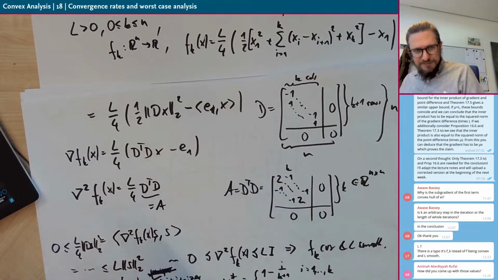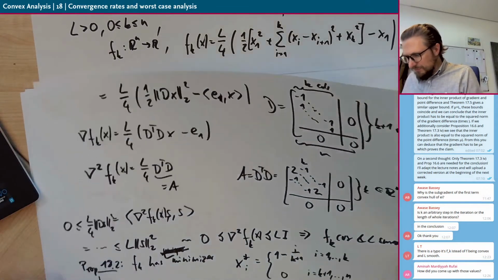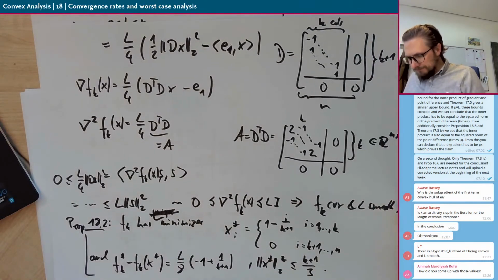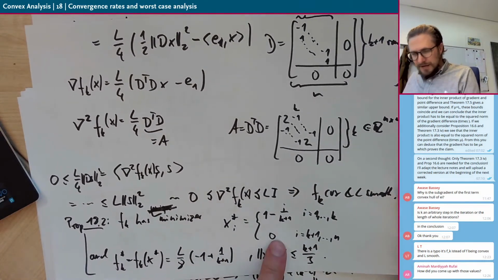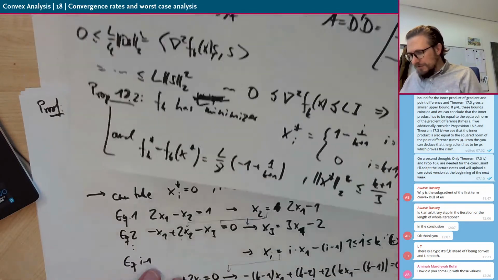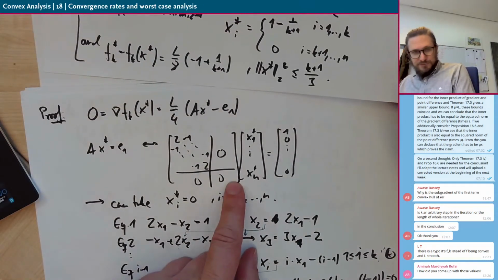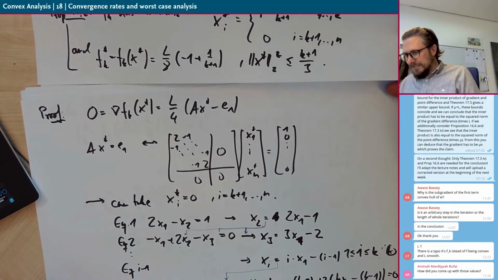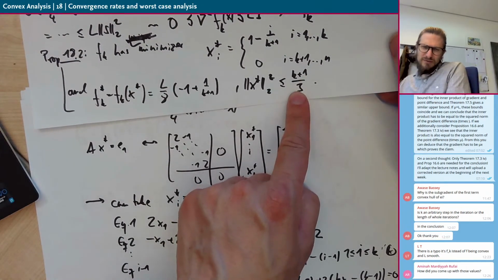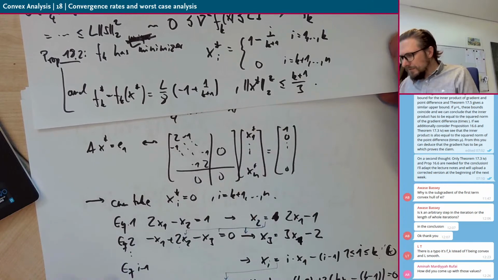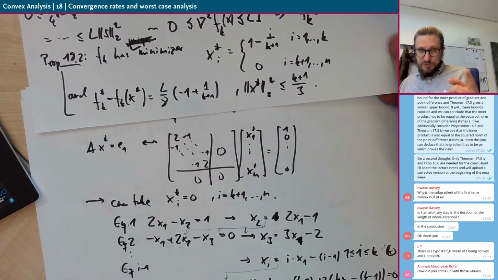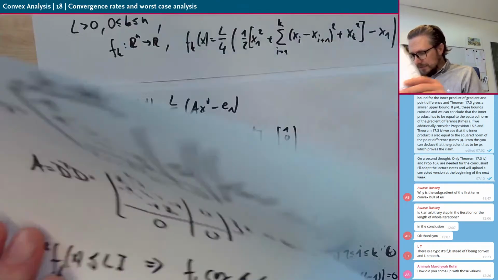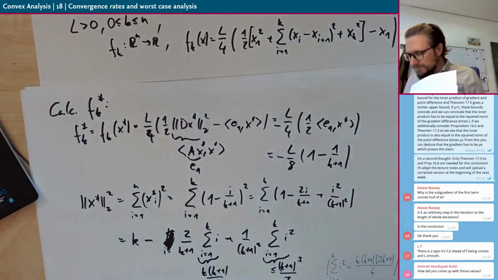This actually has Lipschitz constant smaller than 1. We could calculate the minimizer explicitly by some nice recurrence, so we could really solve this system of equations. And we could also calculate the norm squared of the minimizer, and we're going to need that in the end. So this took us some time.